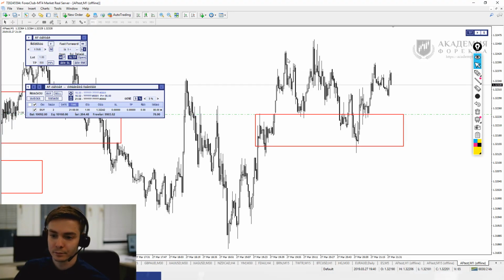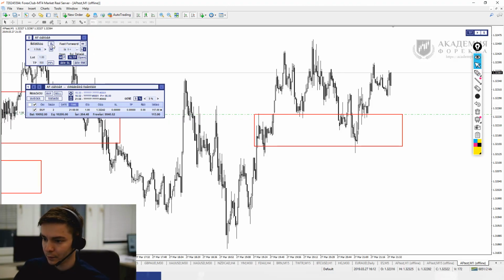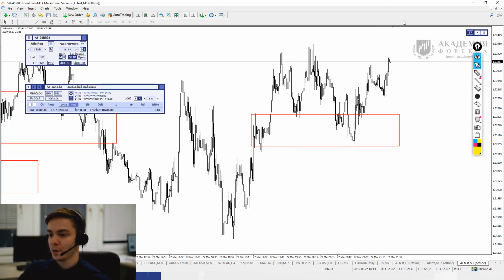Okay, we just have a problem with this resistance as I can see. I think it's time to take our 100 profit, first profit, and let's look at what will happen.